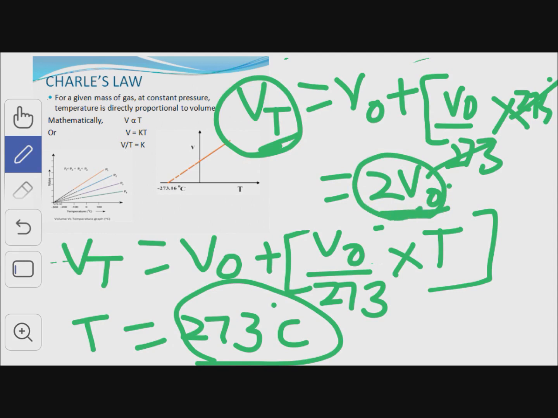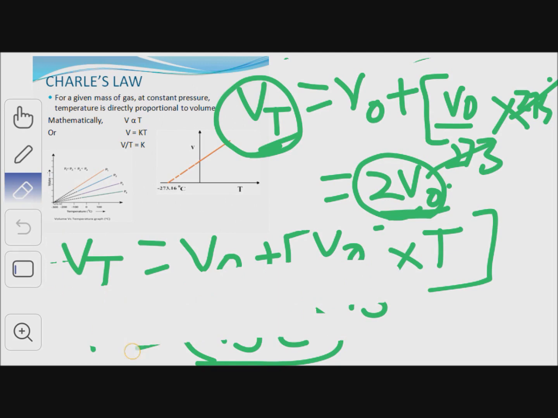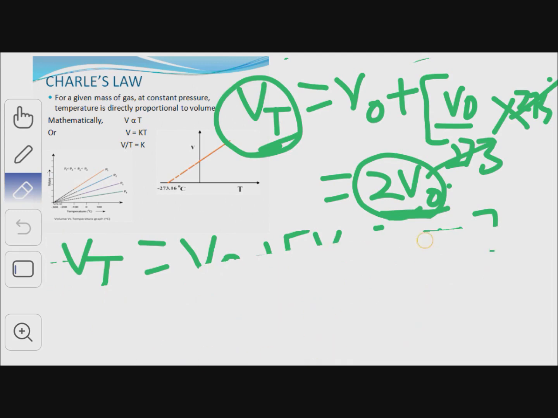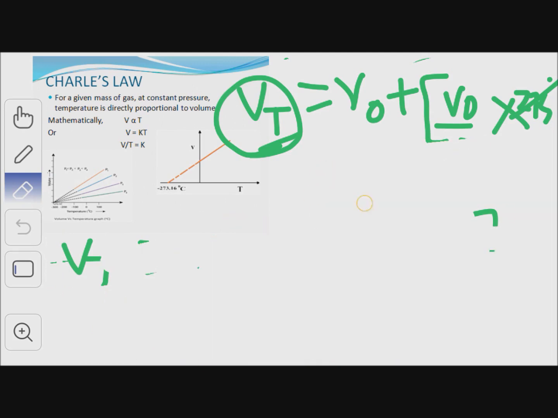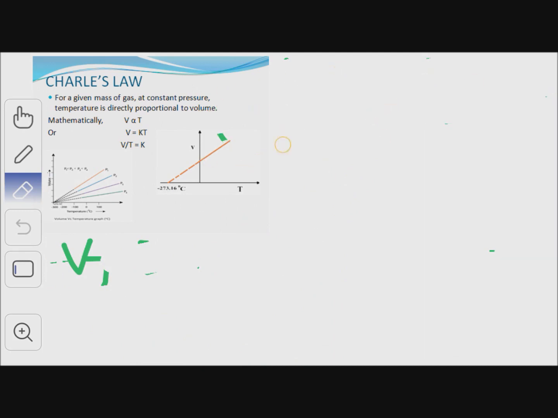This is the case when we increase the temperature by 1 degree Celsius. If we decrease the temperature by 1 degree Celsius, then what happens? The same amount, that is V naught upon 273, decreases from the original volume, that is V naught.